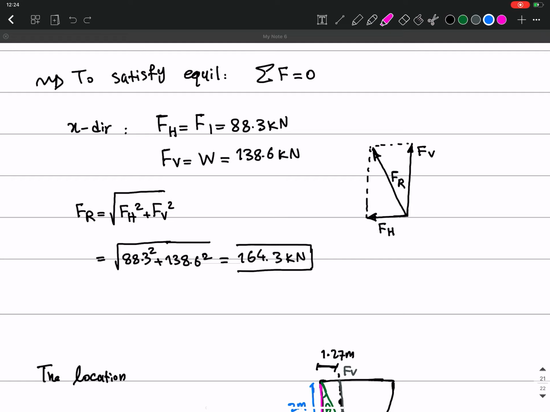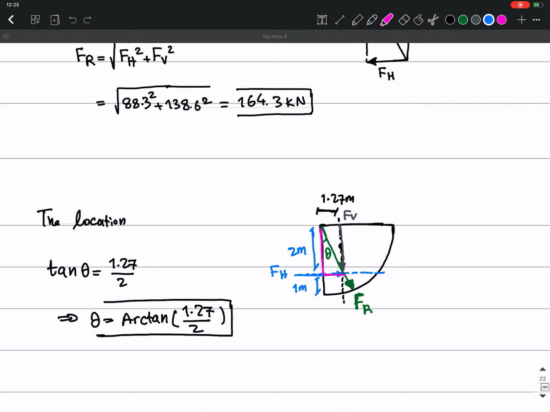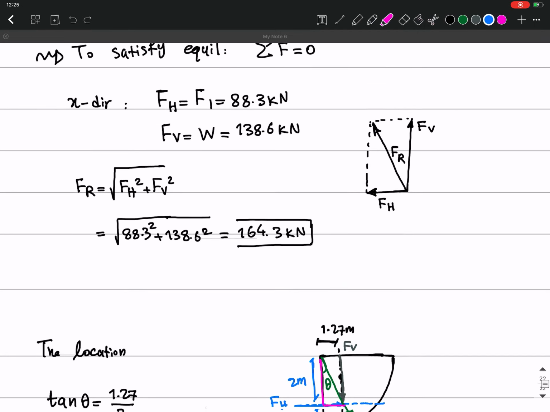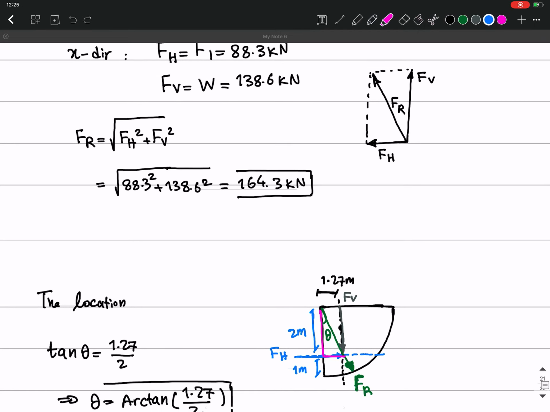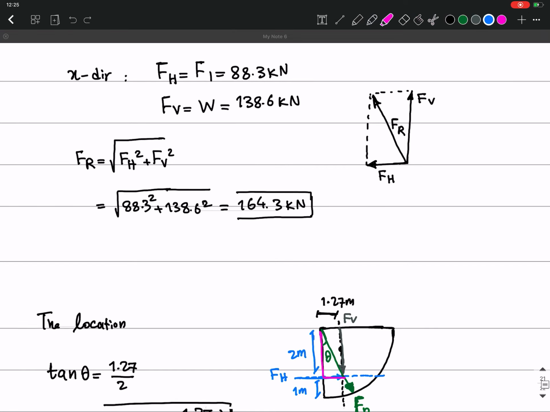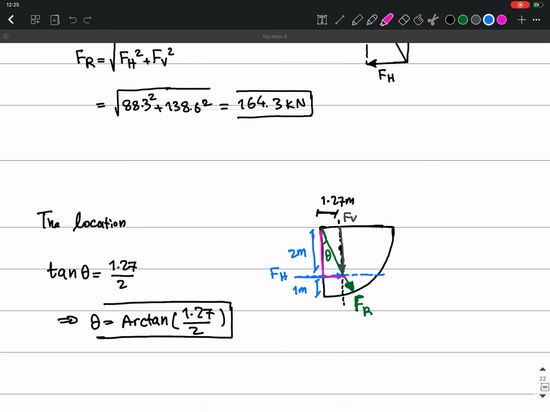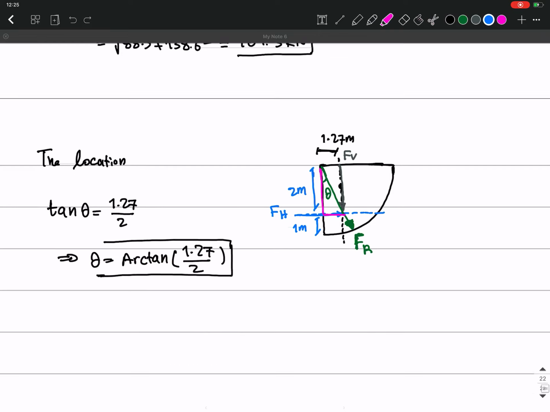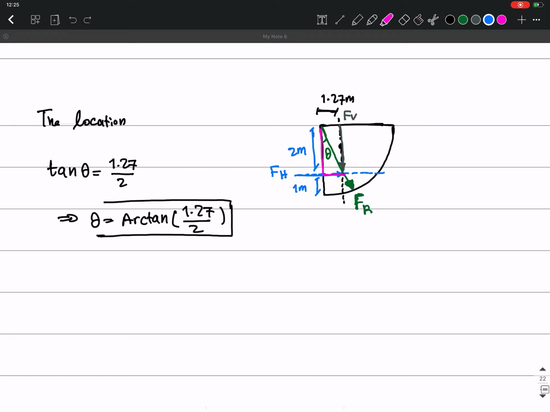Then you take the square root of the sum of squares of the horizontal and vertical forces to get the total force. And for getting the location, you simply draw them and calculate the angle based on the horizontal and vertical forces that you found, for example, for these curved surfaces. Okay? So it's going to be the arctangent of 1.27 over 2.